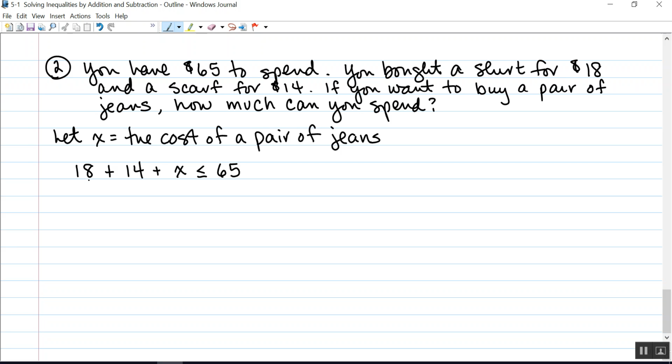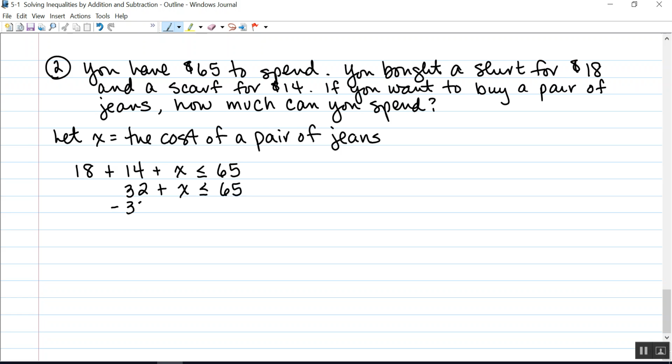So the cost of the shirt plus the cost of the scarf plus the cost of the jeans cannot be more than $65 because that's all that I have to spend. So 18 plus 14, let's combine like terms. That's going to be 32 plus x is less than or equal to 65.